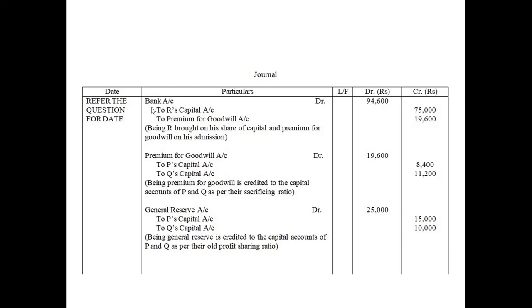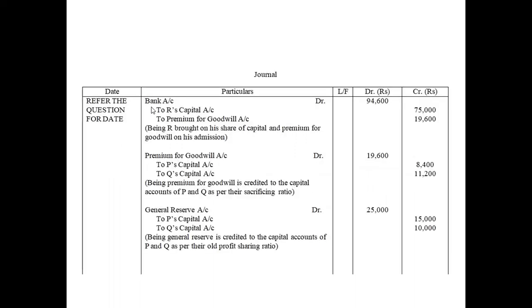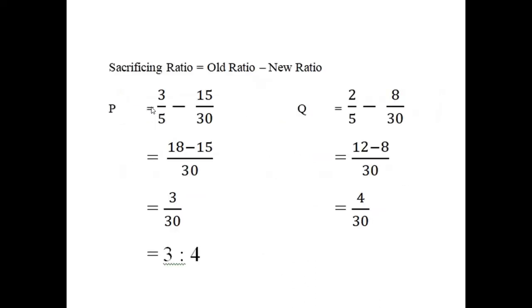Bank account will be debited, and R's capital account will be credited, and premium for goodwill account will also be credited. R is bringing 75,000 as his share of capital, and goodwill, just now we calculated, will be 19,600. So the total will be 94,600. Now this premium for goodwill will be shared between P and Q, that is the sacrificing partners, as per this ratio, that is 3:4.